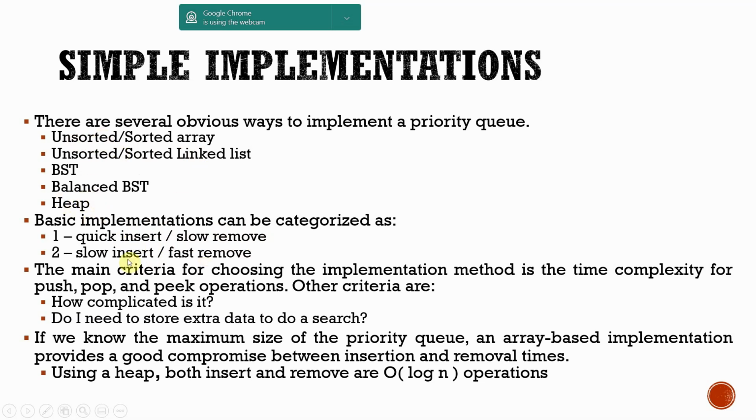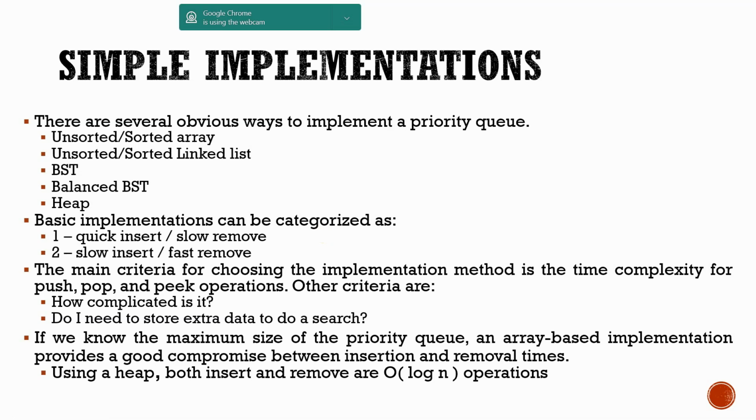I'm going to show you a table that compares different implementations and how fast or slow you can insert or remove data. A priority queue is basically an abstract data type where we want fast insertion and removal, both of them. So we need to have a compromise, right?